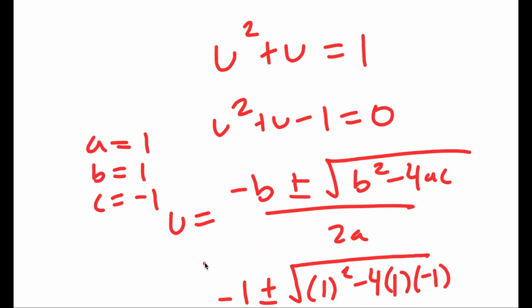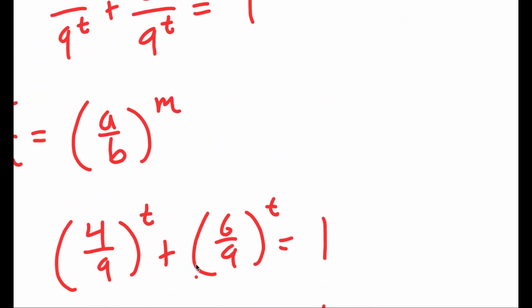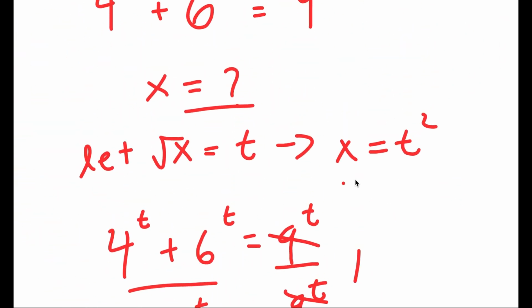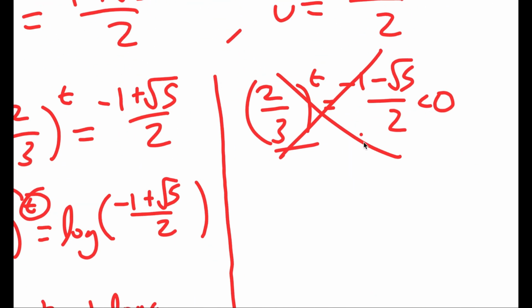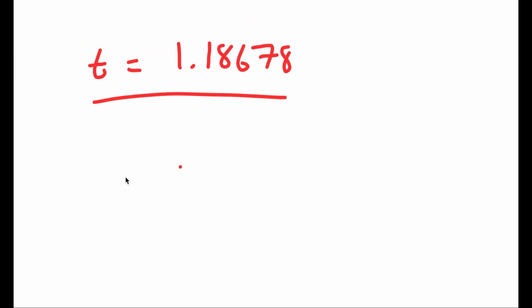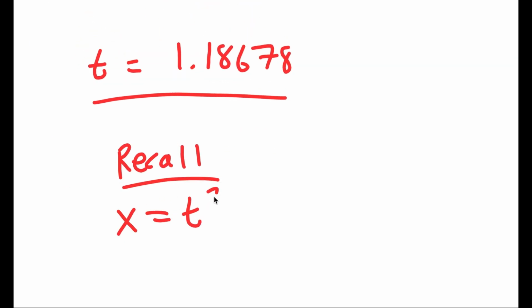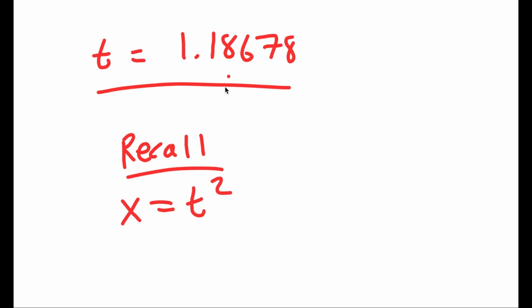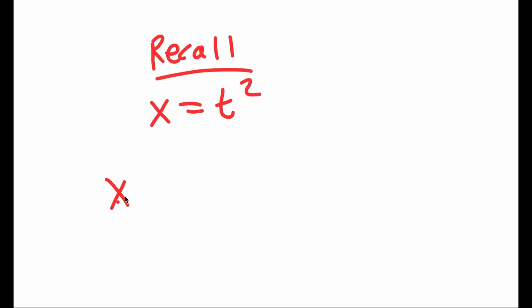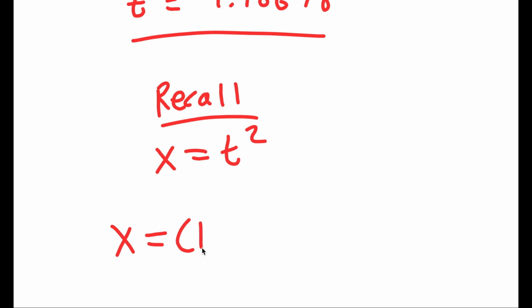And now going back, recall how we let x equal to t squared. So if x is equal to t squared and t is equal to 1.18678, then this means that I get x is equal to 1.18678 squared.